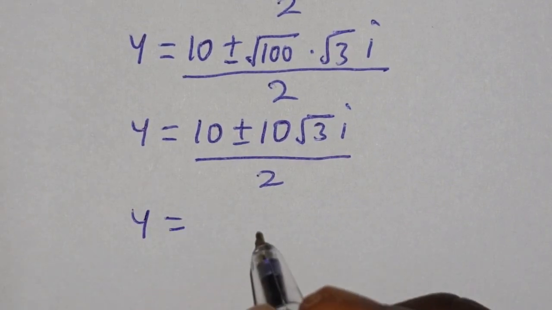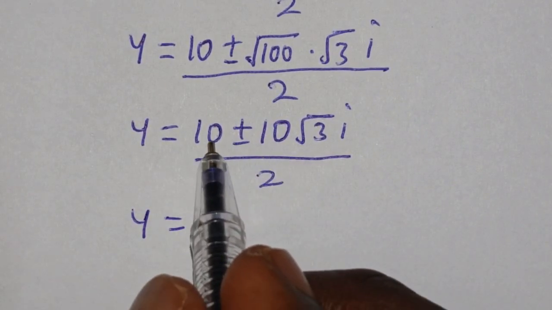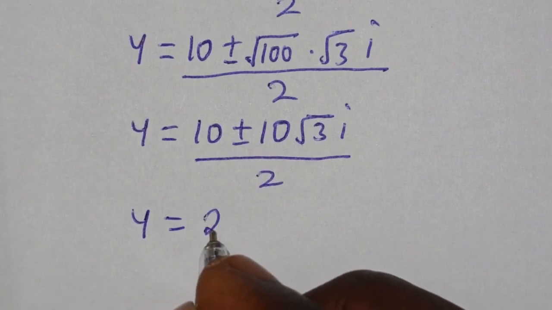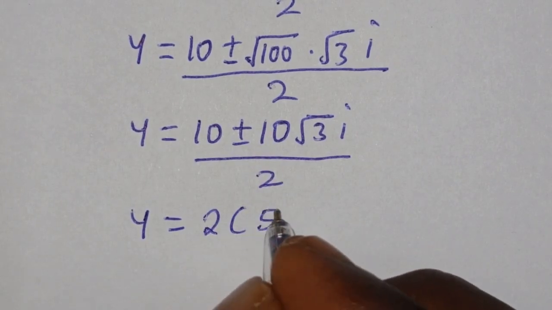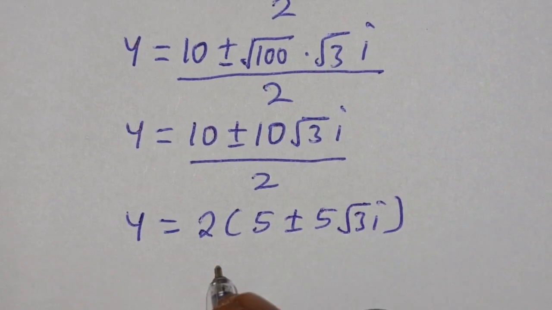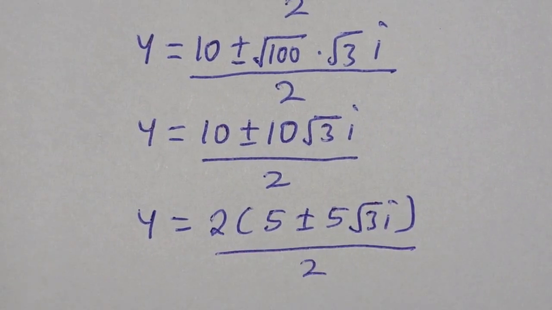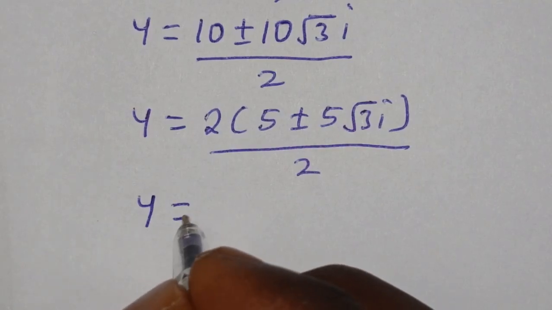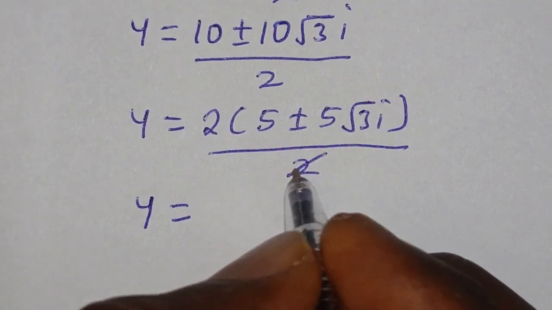y equal to, from this numerator, we can factor out 2. So we have 2 into 5 plus or minus 5 root 3i, divided by 2. Clearly 2 cancels 2.